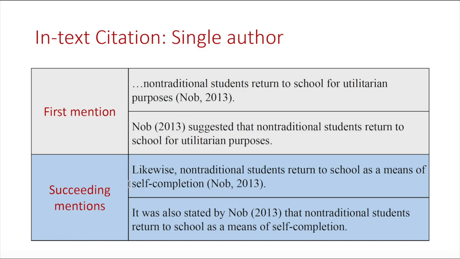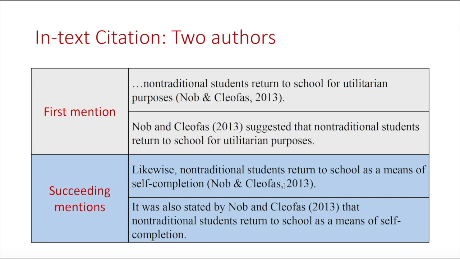Okay. And then for the succeeding mentions, it's practically the same. Now, if there are two authors, this is how you do it. The only variation is that if the authors are part of the sentence structure, then you use the word "and."